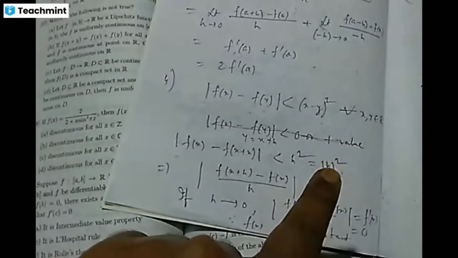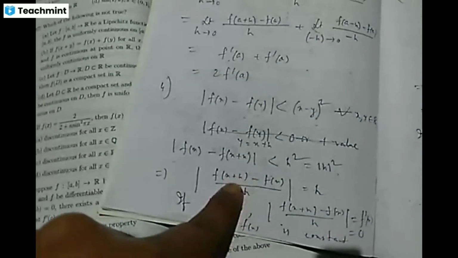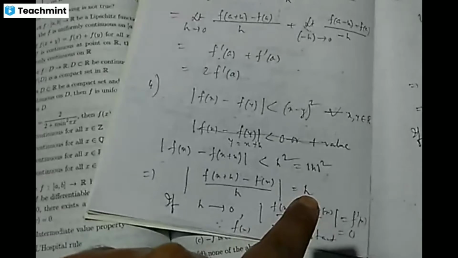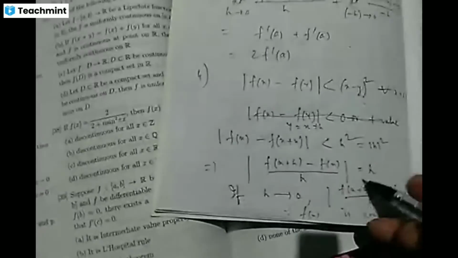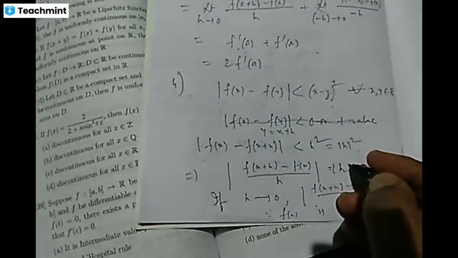So if we take one mod of h below here as a denominator, then this will be in this way, and here we will get mod of h actually. So mod of h actually is epsilon. Mod of h here will be mod of h.